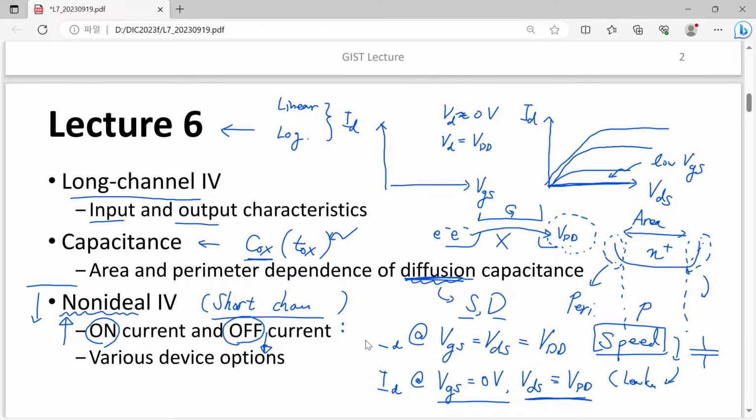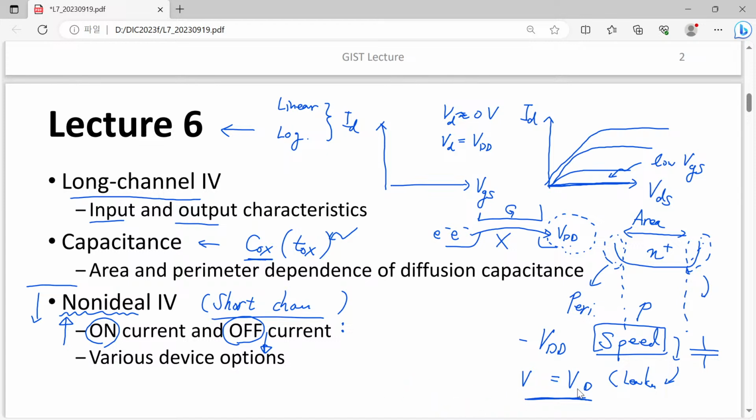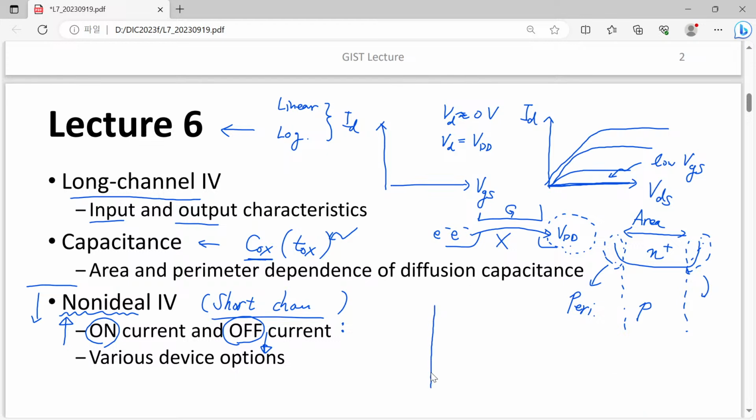So if we consider this very ideal case, then what will happen? Please draw your input characteristics on a semi-logarithmic scale. Everybody, please do your exercise, not just watch my drawing.